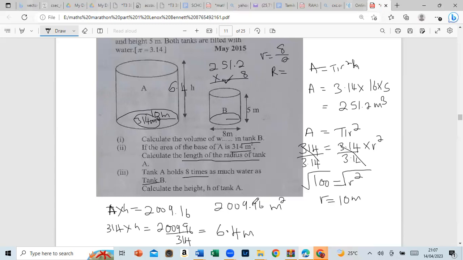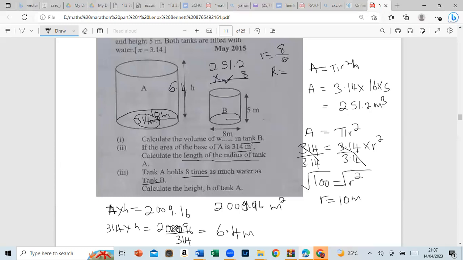Sir, it's 2009.6. Oh, it's 2000, not 2009. No, sir. Okay, we just have to see where else. That's the figure in the chat. So it's not 2000, it's 2009.6. Sure, yeah.